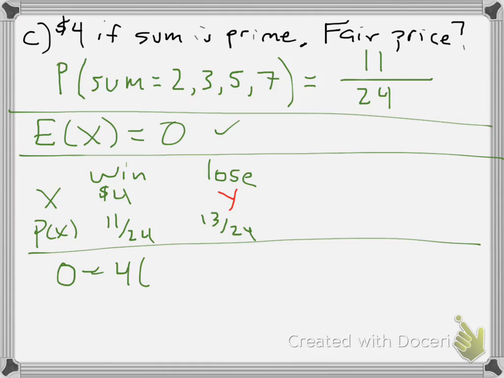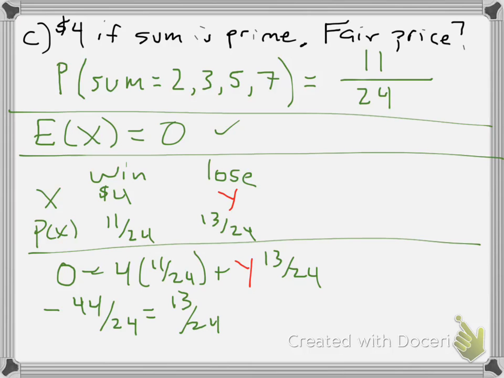So that's going to be 4 times 11 over 24 plus, it's going to look cool if I write it in red, y, now I have to switch back to green, y times 13 over 24. I'm going to subtract the 4 times 11, which is 44, on the other side, so I get negative 44 over 24 equals 13 over 24 times y.